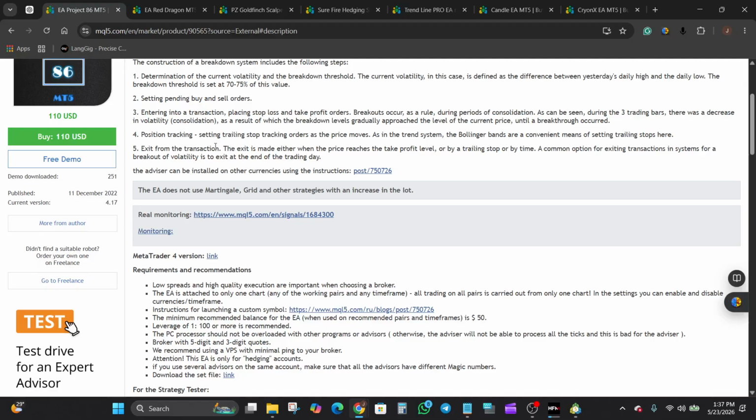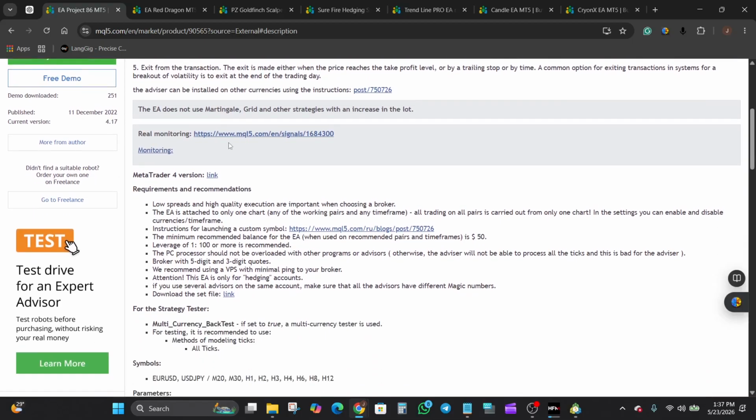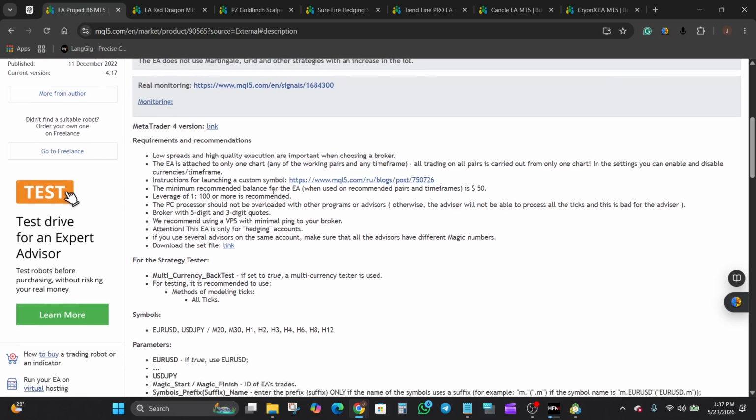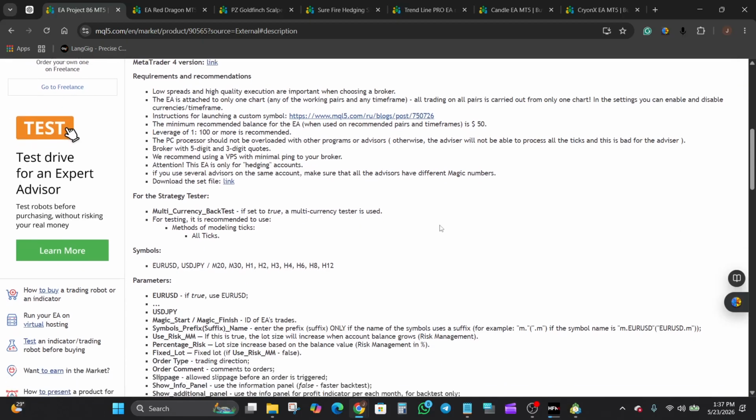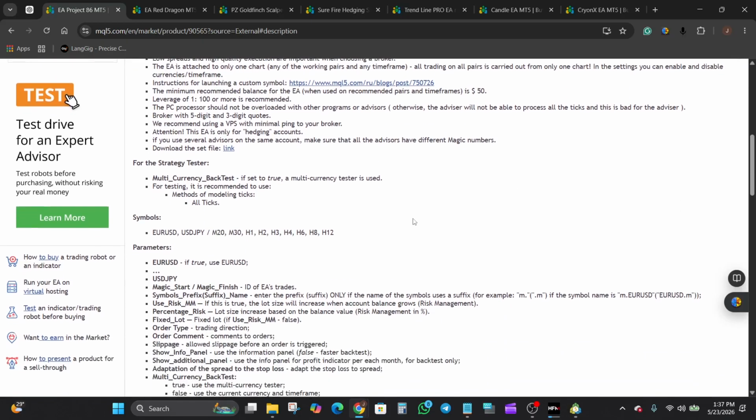Now, for exits, the EA doesn't rely on just one method. It can close trades at take profit, through trailing stop activation, or even by time-based exits, often at the end of the trading day according to the description. Now, before moving into the testing section, I also noticed some important setup notes here.